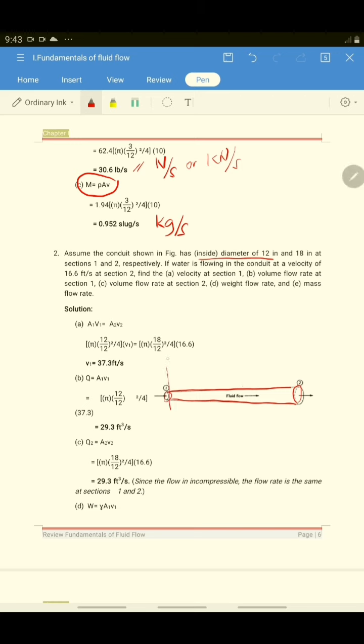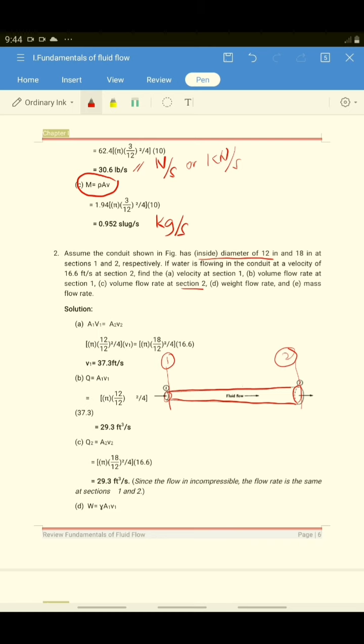And we let this one as our section 1 and this will be our section 2. If water is flowing in the conduit at a velocity of 16.6 feet per second at section 2, find the velocity at section 1. Then the volume flow rate at section 1, then the volume flow rate at section 2, then the weight flow rate and the mass flow rate. So you have so many things to be answered in this problem.